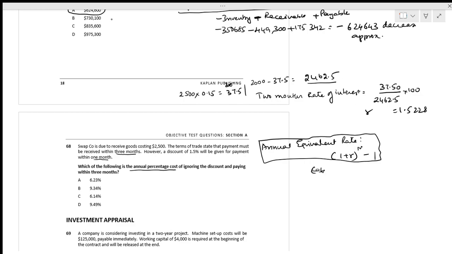Now, 1 plus 0.015228 to the power of, for how many?